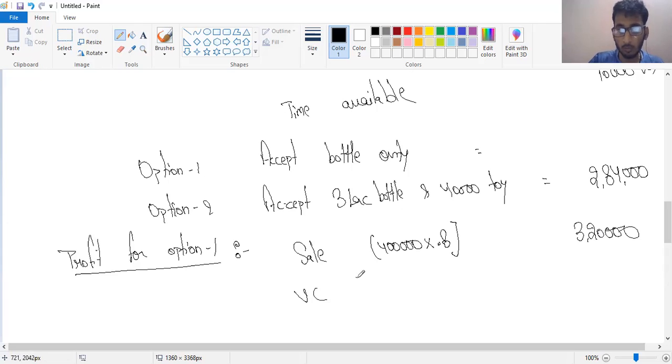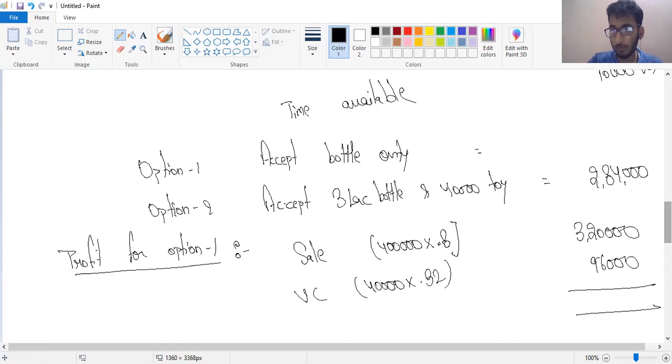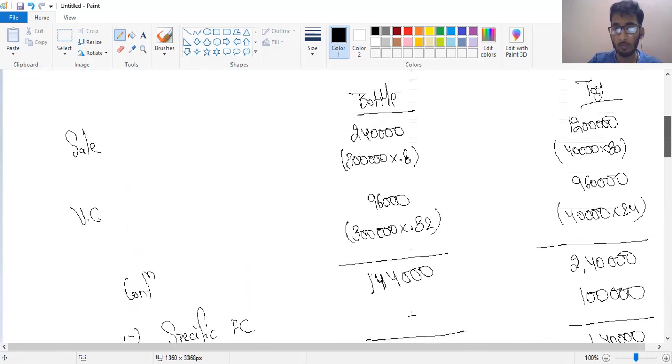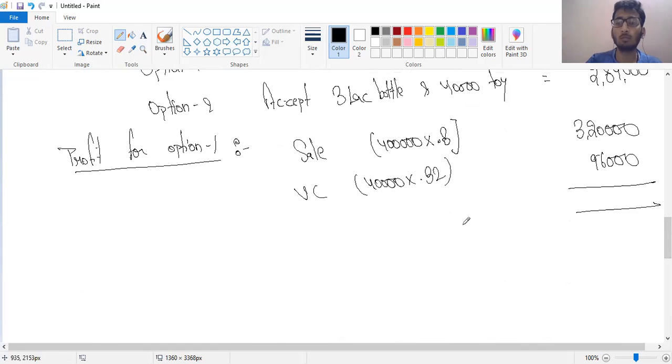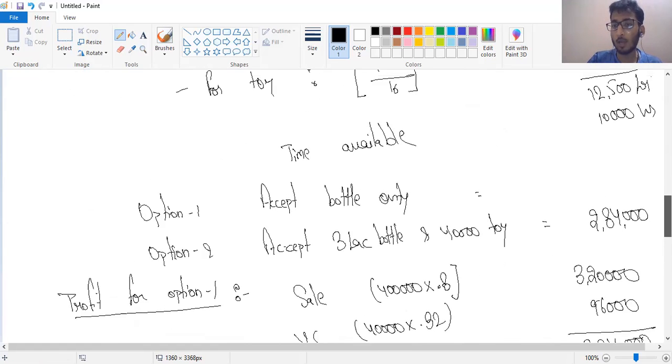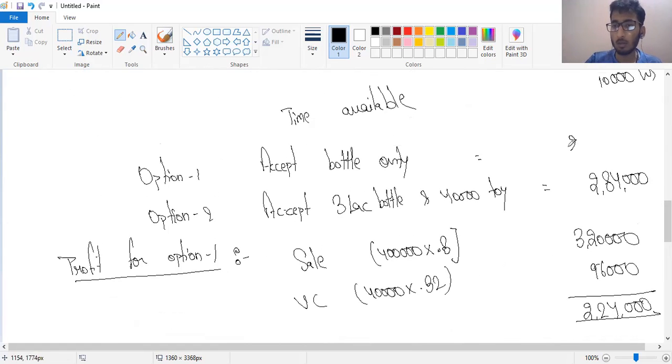The variable cost would be 40,000 multiplied by 0.32, I can say 96,000. So the profit would be 2 lakh 24,000.